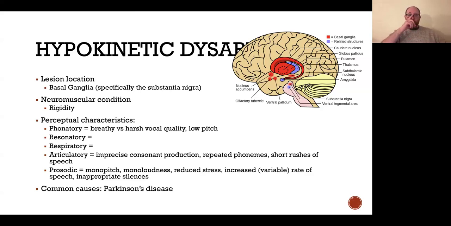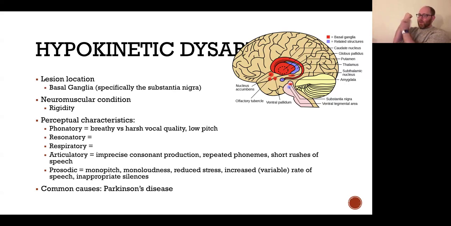The resulting neuromuscular condition is rigidity. It's somewhat similar to spasticity, where you can perceive muscles as tightness, but with rigidity, the big one is someone with Parkinson's disease, which I have in the slide down there. They might have something called cogwheel rigidity, where I'll turn and hopefully you can still see me in the top portion of the screen, but you might ask them to lower their arm like this instead of in one fluid motion.